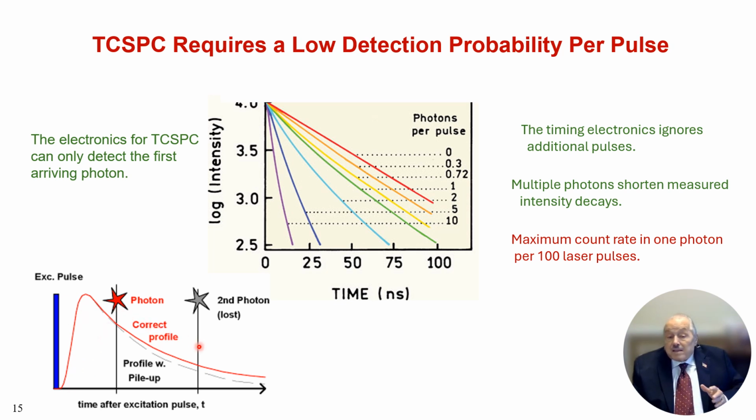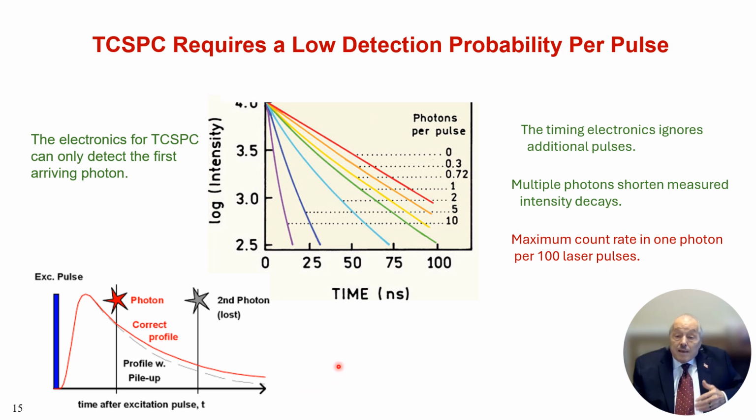The electronics is not capable of seeing the second photon. It's busy, and so it rejects that for a certain period of time. And if you had a really bright pulse with maybe thousands of photons, you're only going to see the first photon, and you'll never see the rest of them.